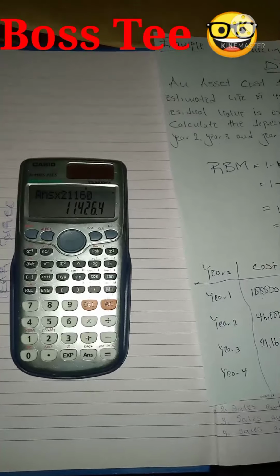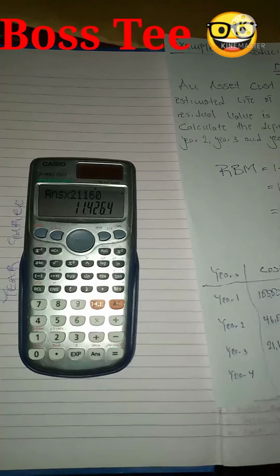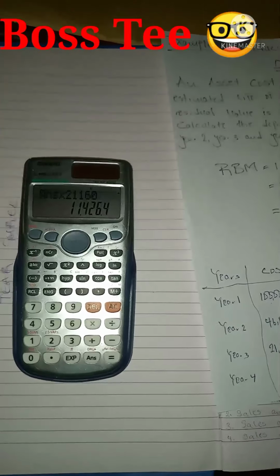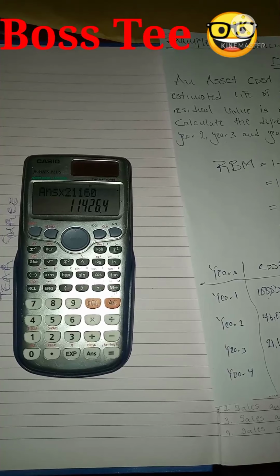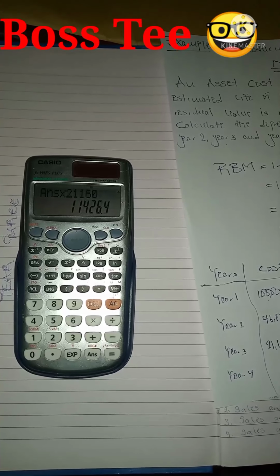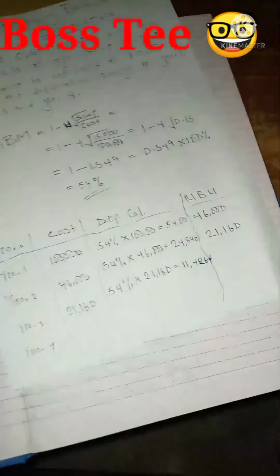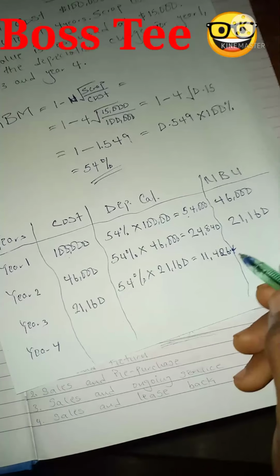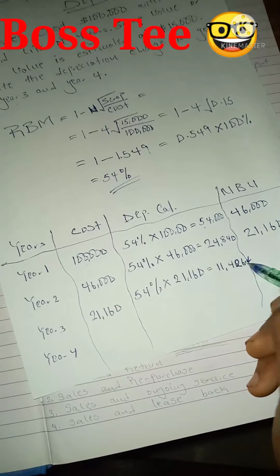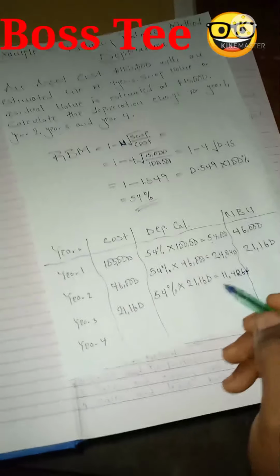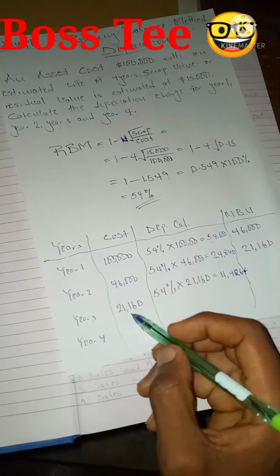We have 11,426.4. Good. This is our depreciation for year 3.